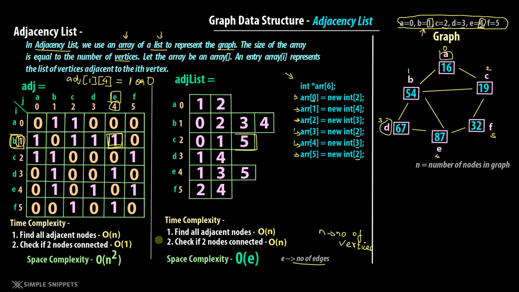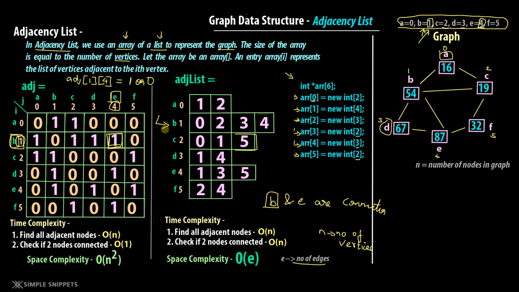However, this is a little tricky when it comes to adjacency list. Over here, since we are not storing the values in a 2D matrix, let's say I want to find out if B and E are connected, right? So in that case, I'll have to get the index of B, which is over here 1.